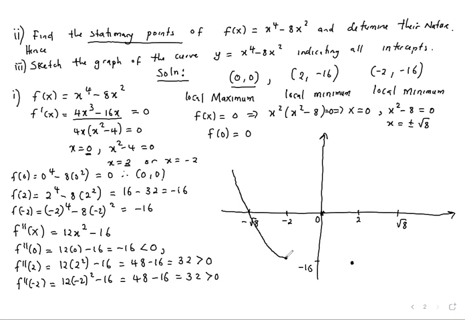Hit here, go up, hit there, and down, and go up. So this is the minimum point and the other minimum point because there's nothing below it.